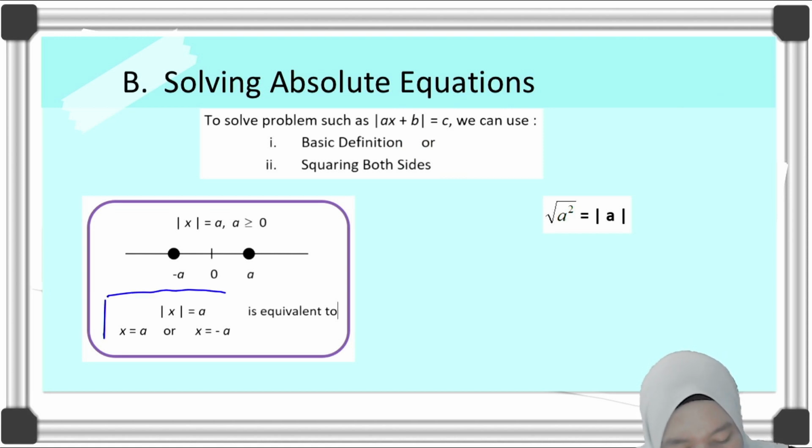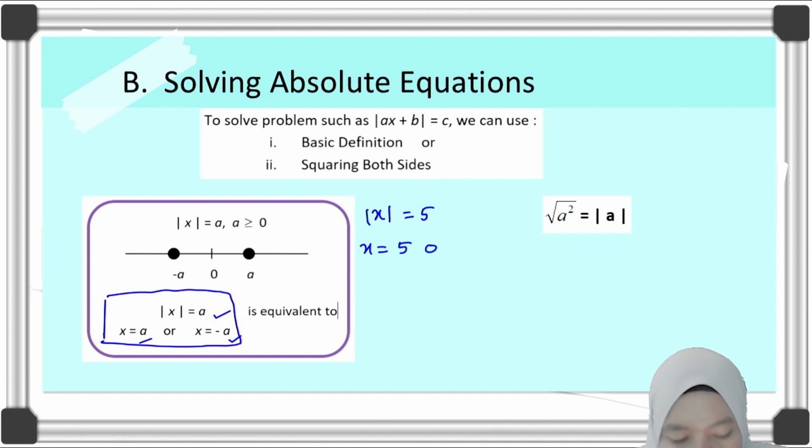Given the absolute value of x is equal to a, we understand that x may be a or may be negative a. Like the example I gave just now, the absolute value of x is equal to 5. So the value of x may be 5 or the value of x may be negative 5.